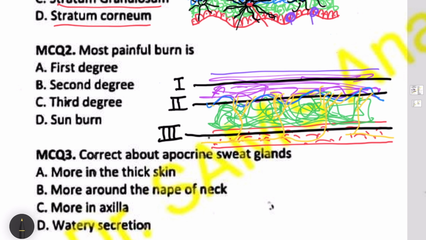Then third degree is when the entire skin gets burned completely. There's formation of char, like everything burned out. It's coal. The entire skin gets damaged. It will appear as a whitish thing, or maybe completely black.